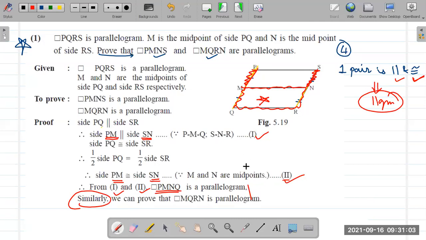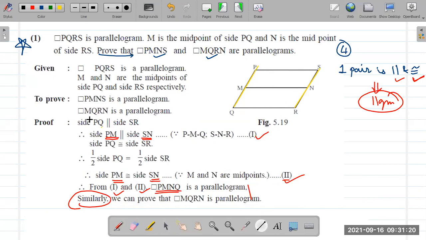Once again, I'll quickly repeat how we did the proof. We started with saying that these two sides PQ and SR are parallel because this is a parallelogram. Therefore the half parts PM is also parallel to SN. And next, PQ is congruent to SR. Therefore, half of it will also be congruent.